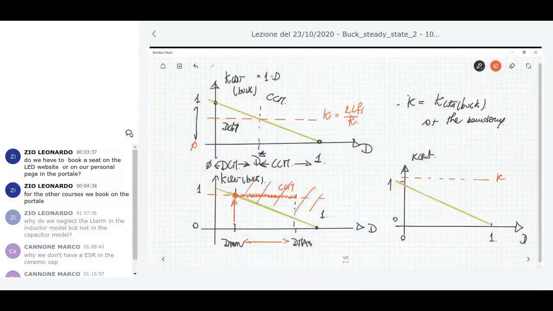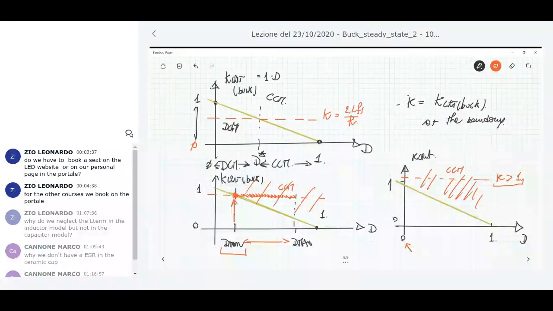If K is larger than 1, suppose that you don't know which is your minimum duty cycle, because you don't have this kind of information in your design, so you can choose the minimum duty cycle like 0. So choosing K larger than 1 makes you sure to operate your buck converter always in CCM, for all the possible duty cycles from 0 to 1.